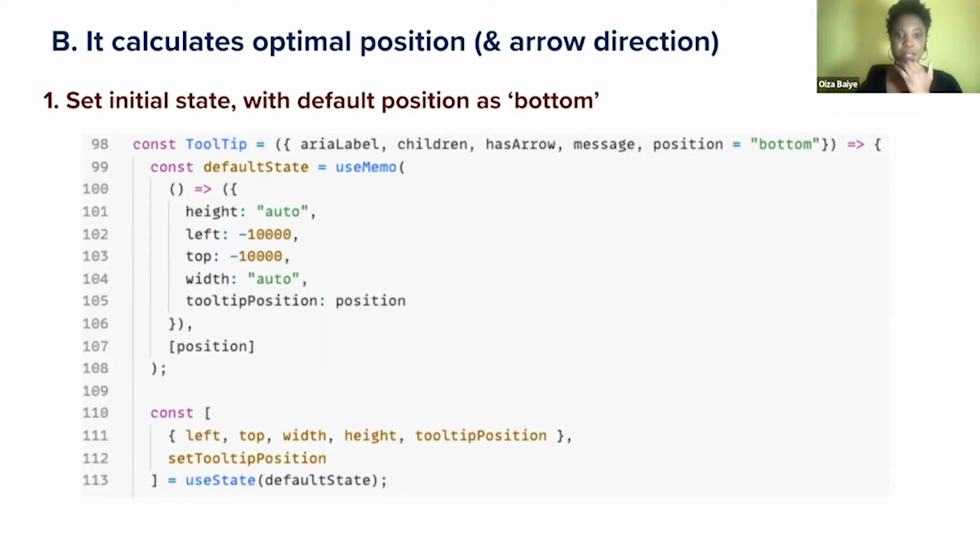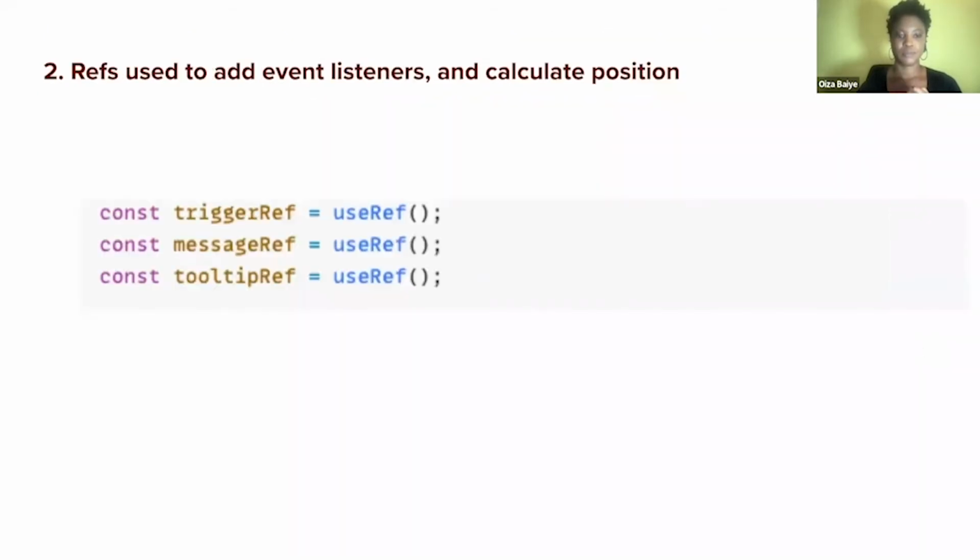And then on line 111, we have our state variables, which will be used to set the styles for the tooltip later on, as well as the function set tooltip position. Then we attach refs to the different elements of the API, like the message, the tooltip itself, and the trigger elements.